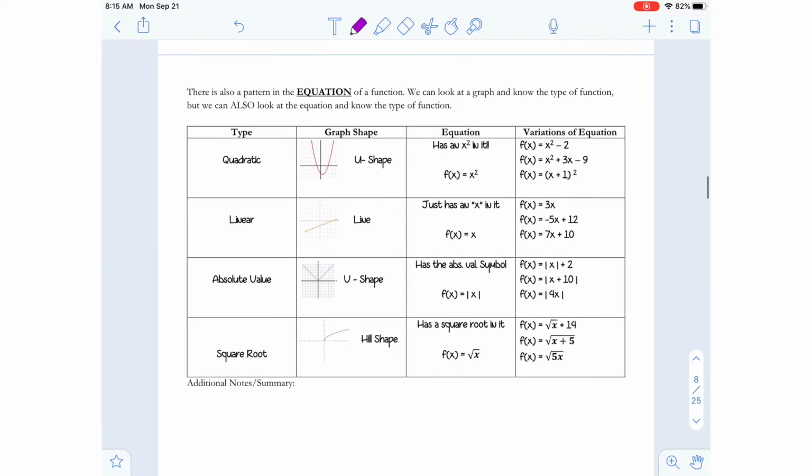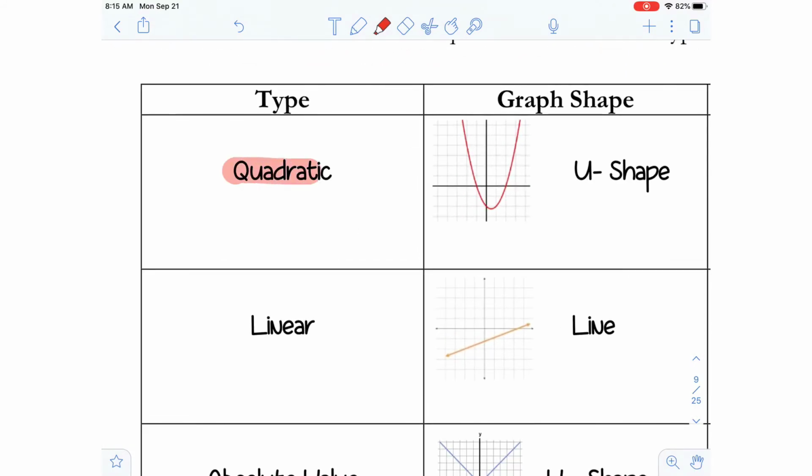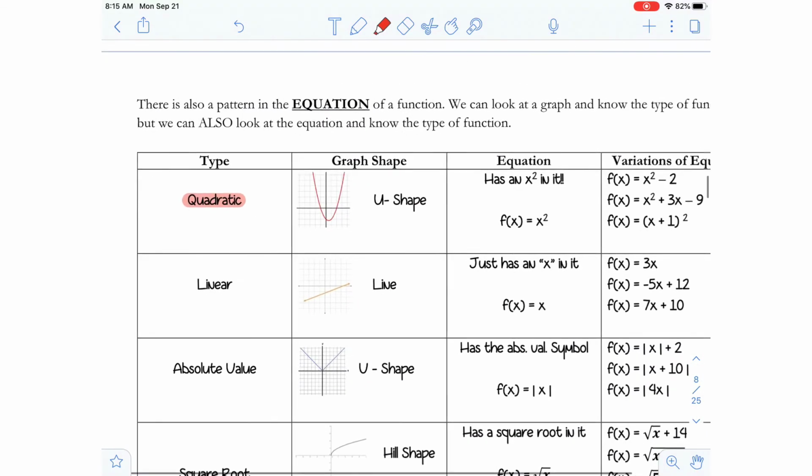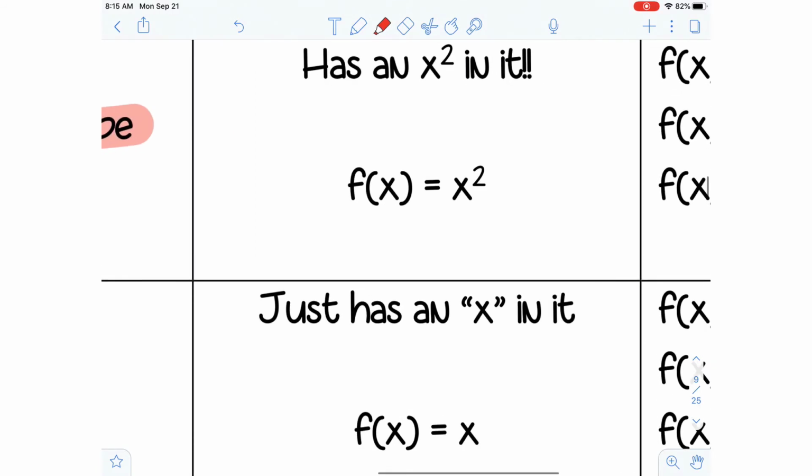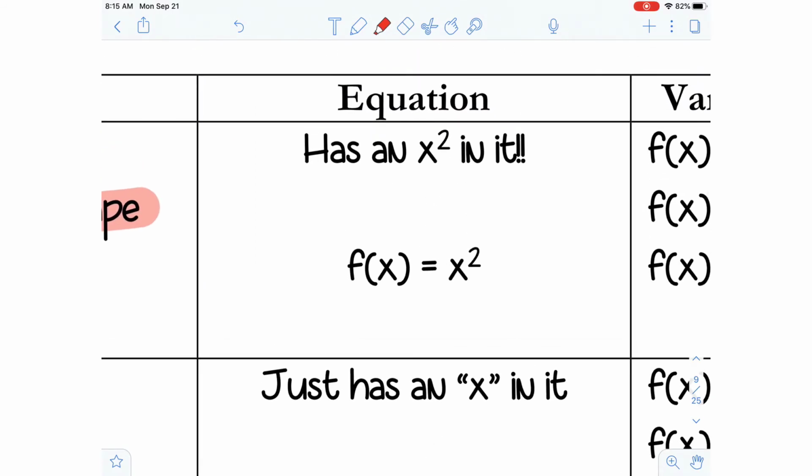So the type of function has a special name. If the function is a quadratic, then it graphs the U shape. To know that it's a quadratic, the equation will have an x squared in it.